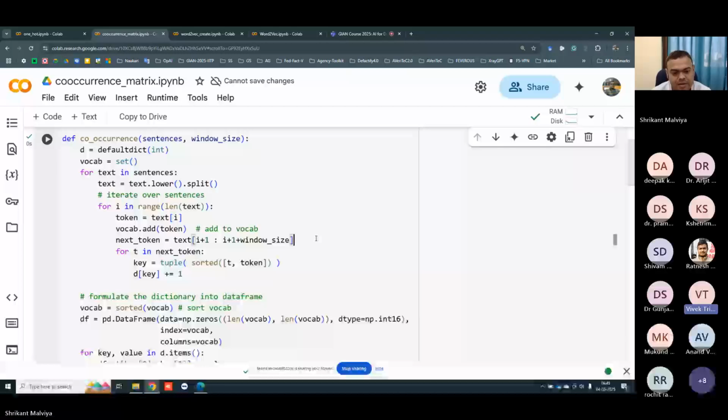Okay, so it means that we are taking into account the word itself and the two words after that, or one word after that, depending upon the size. Yeah, definitely. And the same thing is done here as well.